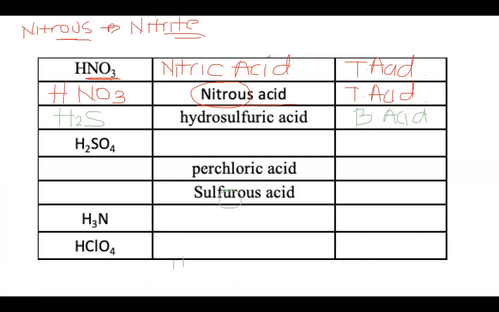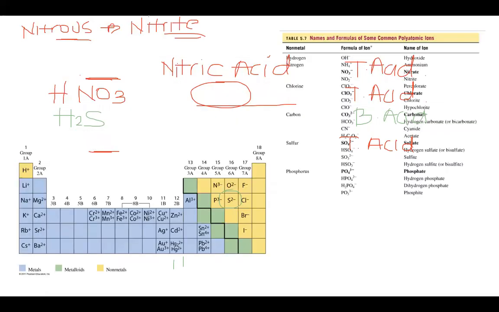Why? Because we have 3 elements, we have oxygen also, and the first one is H, so this is an acid. So in tertiary acids, I have to look for the polyatomic ion, okay? So SO4, let's look in the chart.